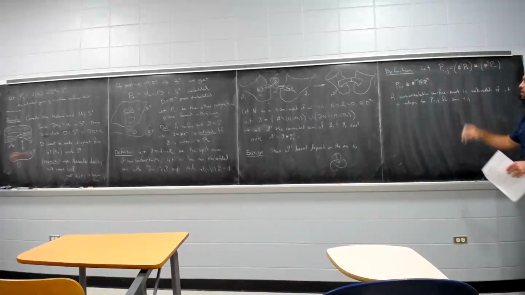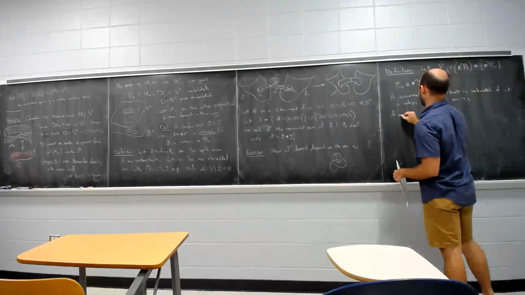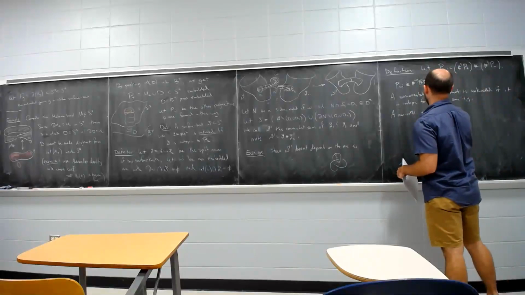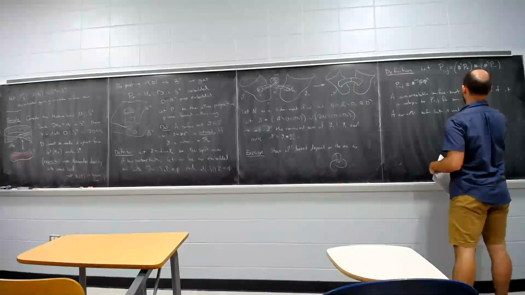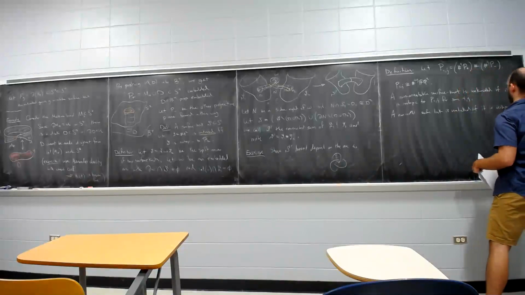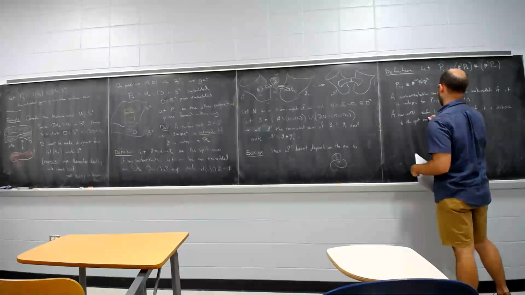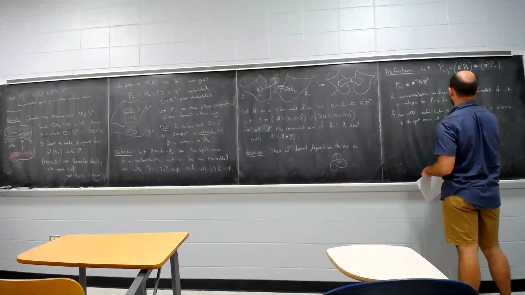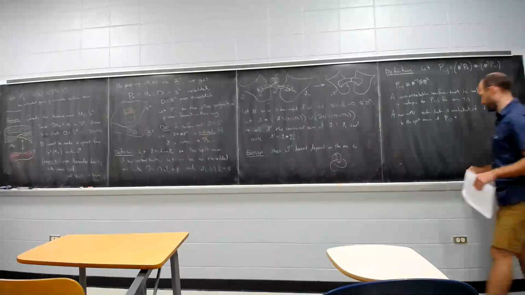I guess you need to have at least one of these. And then I could say a non-orientable surface link is unlinked if it is isotopic to the split union of P_ij's. Okay, cool.